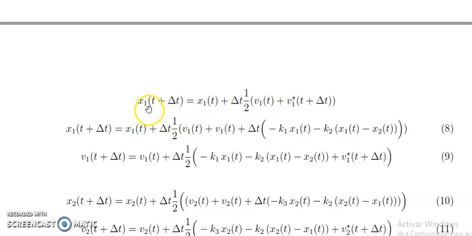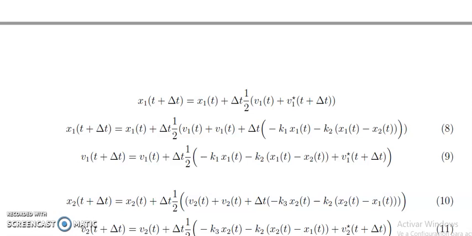Look, x1 evaluated at t plus delta t is equal to x1 evaluated at t plus delta t multiplied by 1 divided by 2 times b1 at t plus b1 star at t plus delta t. This is the new approach of our solution.